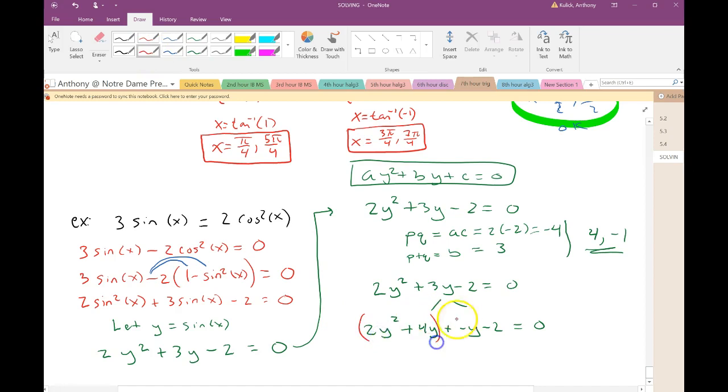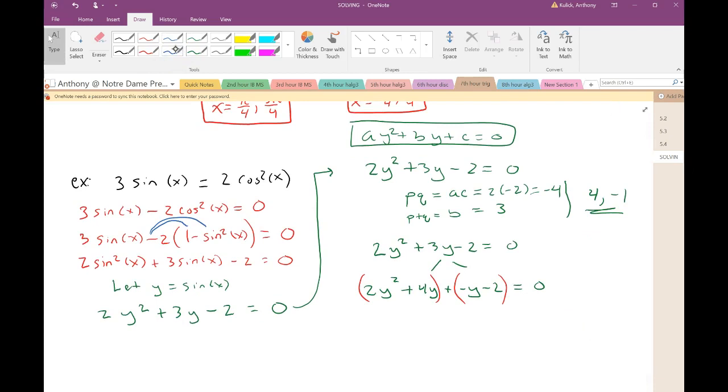What I'll do now is I'm going to make two groups. From the first group, what is the greatest common factor there? 2y. And from the second group, I have a greatest common factor of negative 1.